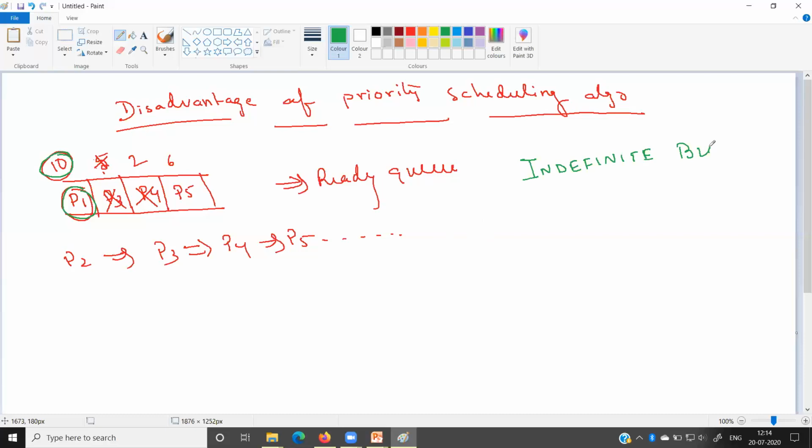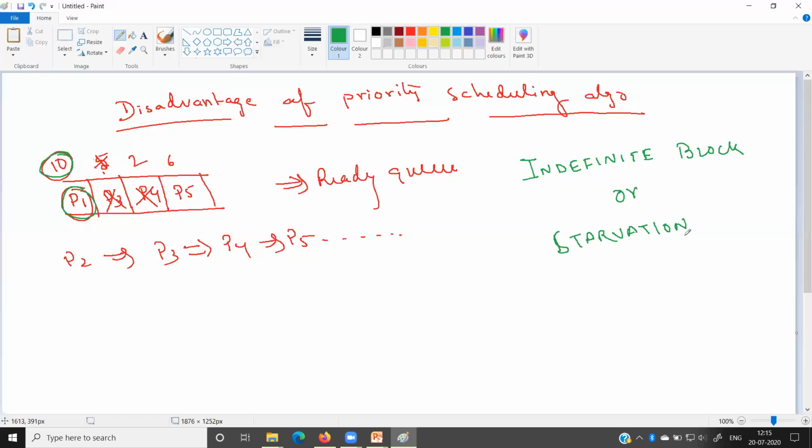If a process doesn't get the chance for execution for a long period of time, then the process is in starvation, or we can say the process is in indefinite blocking. So this is the disadvantage of the priority scheduling algorithm.